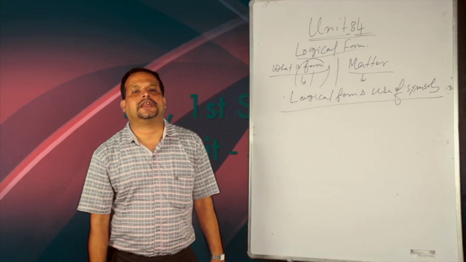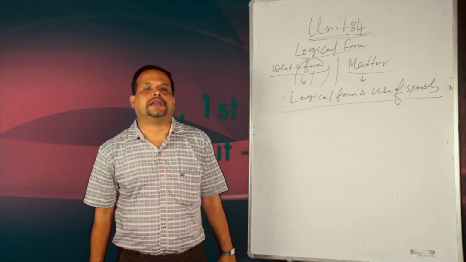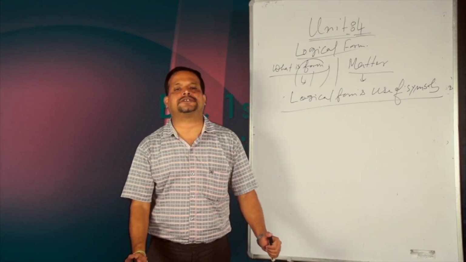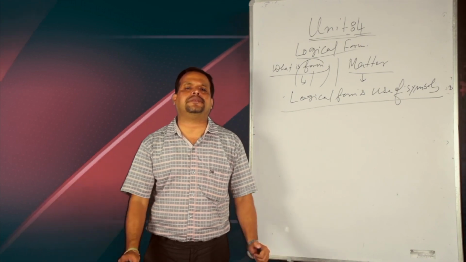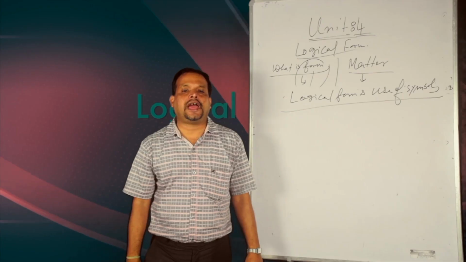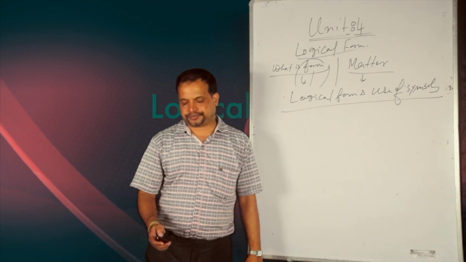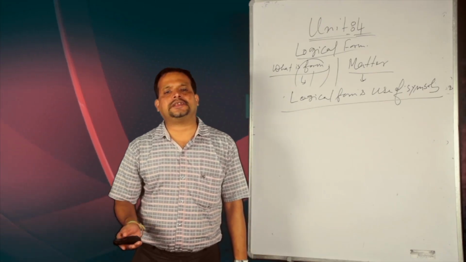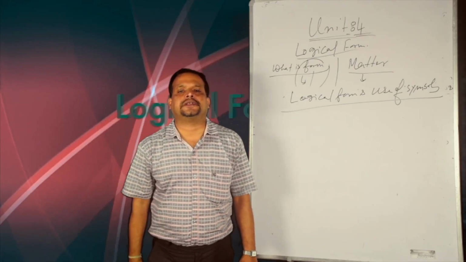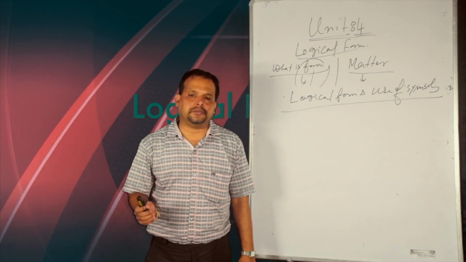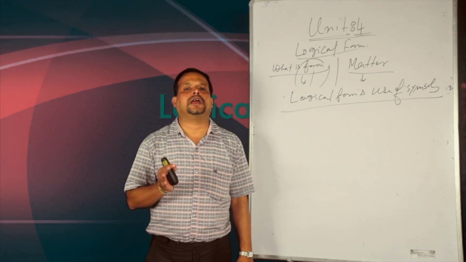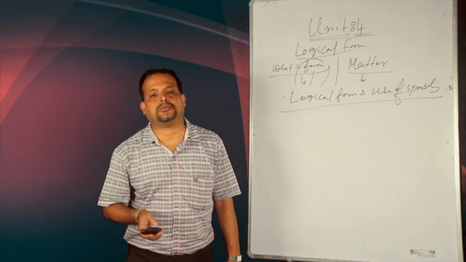Like mathematics, it makes use of the deductive method. The use of symbols makes the argument free from ambiguities of ordinary language. Now you see, dear learners, this helps to determine the validity or invalidity of an argument by using logical form.